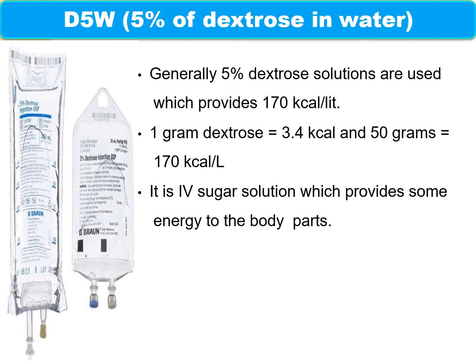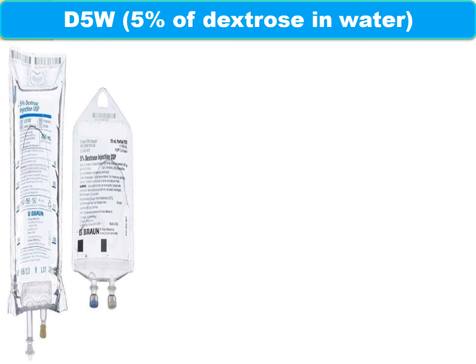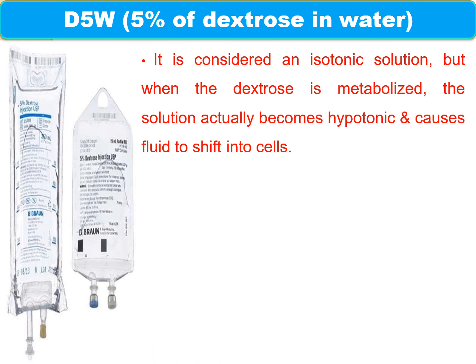The 5% dextrose in water is an IV sugar solution which provides some energy to the body parts. The osmolarity is lower than that of the serum. The osmolarity of the D5W is 252 milliosmol per liter of water. In continuation to this, the 5% dextrose in water is considered an isotonic solution.